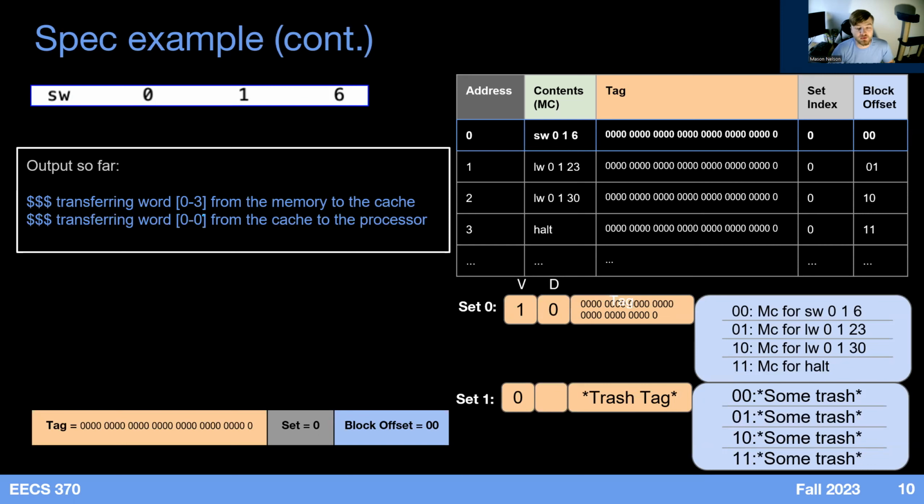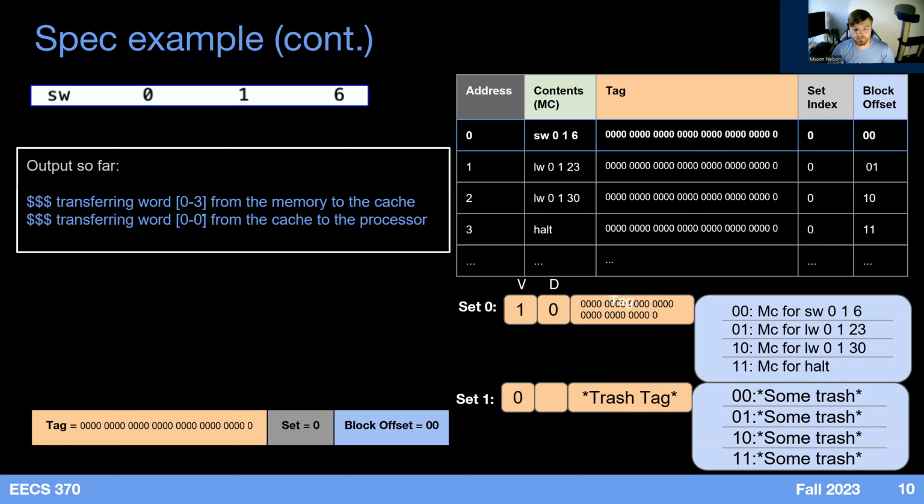One thing to note, we're not going to transfer all of what we just brought in the block to the processor. We're going to transfer a block, a big chunk, from memory to cache, and then we will transfer a word, a much smaller chunk, to the actual processor. We don't need to transfer 0 to 3 from the cache to processor. And so we will see only 0 to 3 go from memory to cache, and 0 to 0 go from the cache to processor.